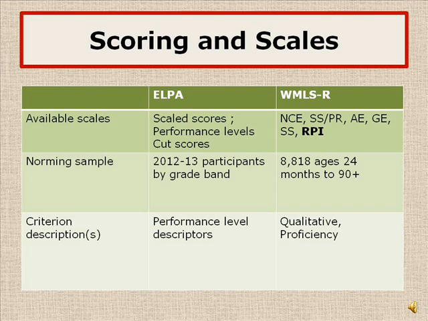We've got qualitative and proficiency here in the slide just to emphasize the criterion descriptions from those 4. And for our purposes, proficiency is the criterion referenced information we're interested in, used for making decisions based on a student's level of proficiency.